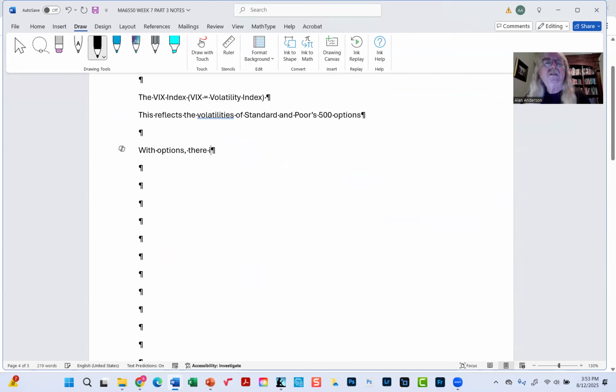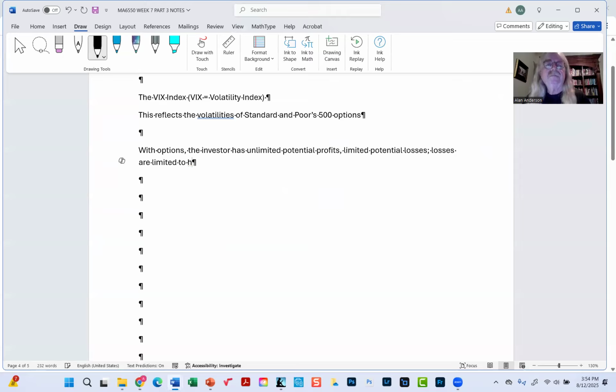the investor has unlimited potential profits, limited losses. Losses are limited to the price paid for the option. But there's no upside maximum.